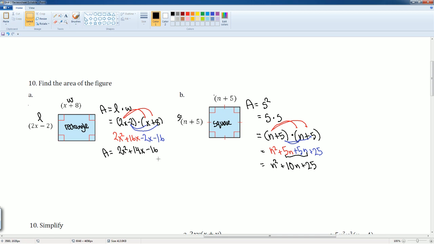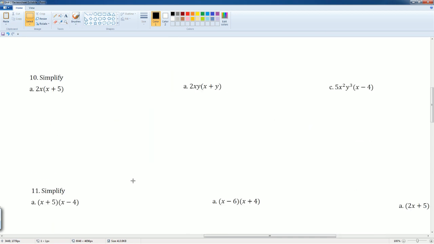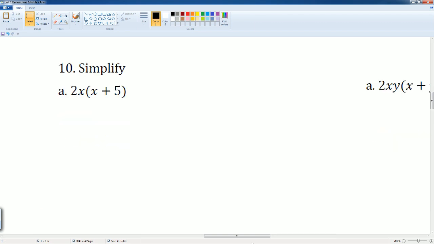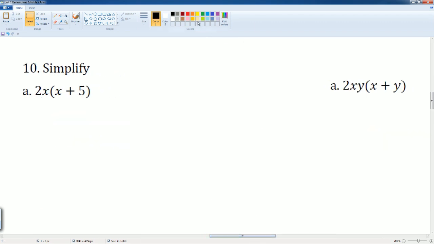So the area of a rectangle and the area of a square are the same if you use the length times width formula. That works for both a rectangle and a square. Let's look at 10. We're only just practicing our distributive property.